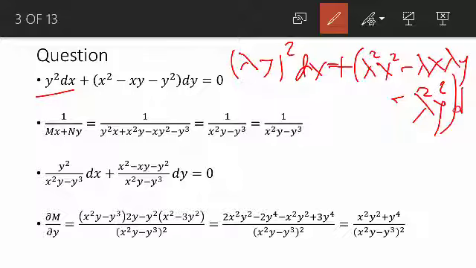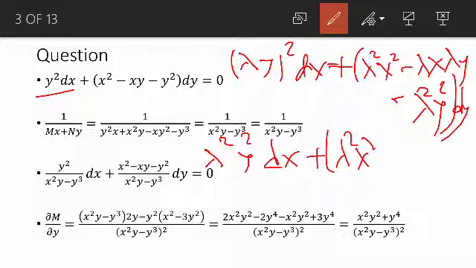Then you have your dy, equal to 0. Now you can see that lambda squared is common. If I open that, we will have lambda squared y squared dx plus lambda squared, there's a bracket here, x squared minus lambda squared xy, then minus lambda squared y squared dy, all equal to 0.